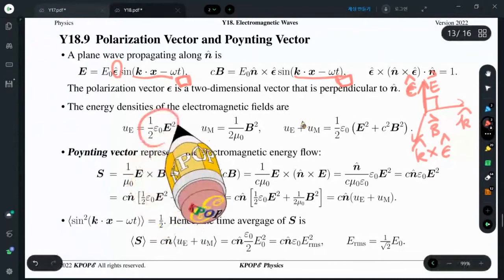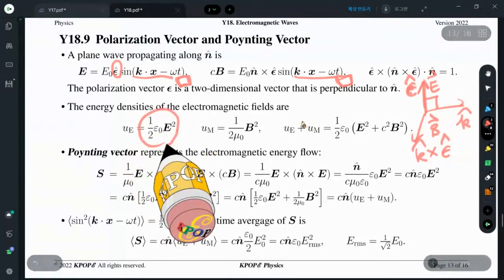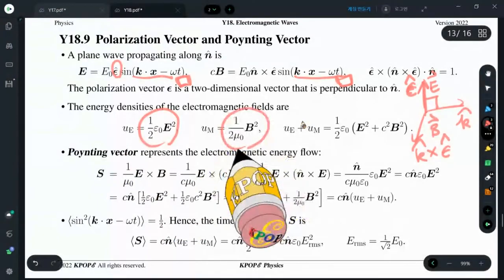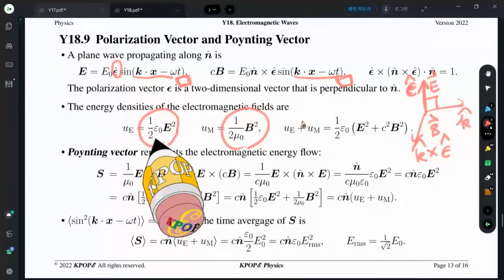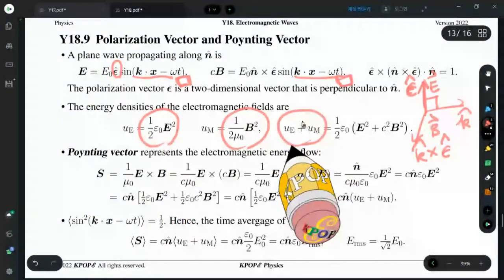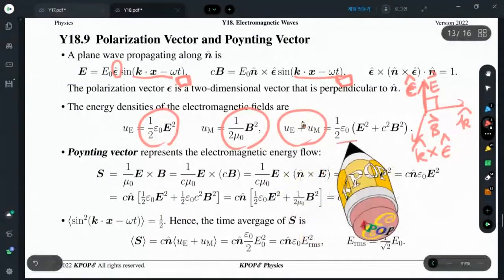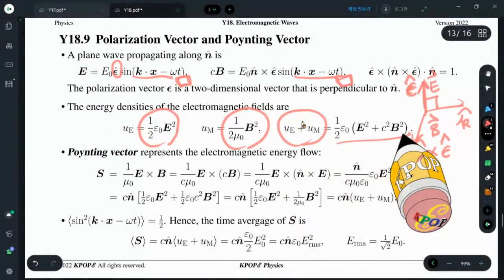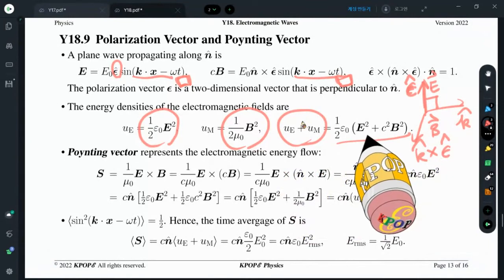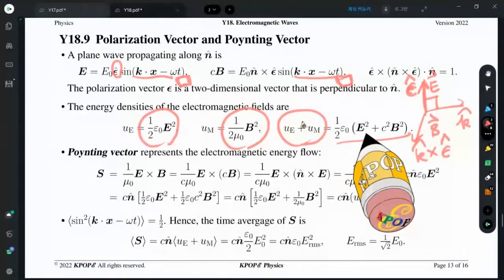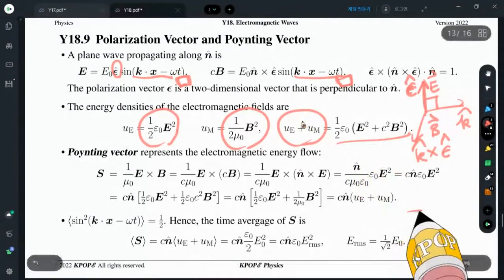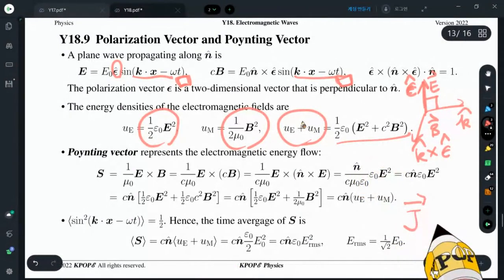We know what the energy density of the electric field is. We know what the energy density of the magnetic field is. And the electromagnetic field has the energy density in space in this form. And actually, they are traveling with the speed of light. So the energy propagation can be expressed as a kind of current density.